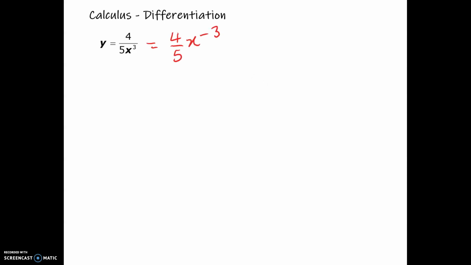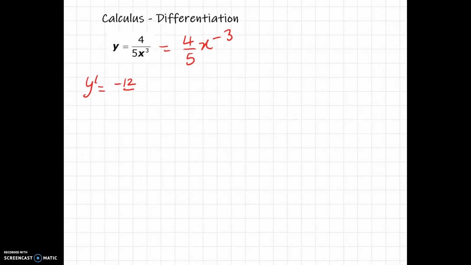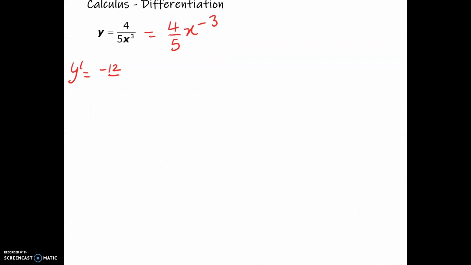So the power is negative 3 and the coefficient is 4 over 5. So the derivative function y dash is negative 12 over 5 x to the power of negative 3, take away 1, which gives you negative 4. You can then rewrite it as negative 12 over 5x to the power of 4.